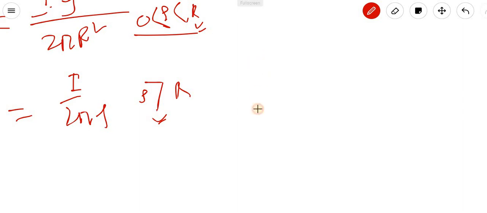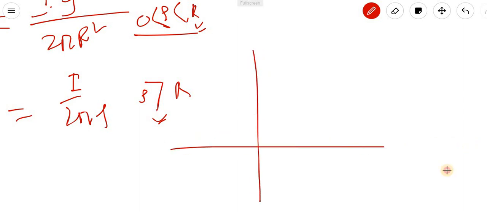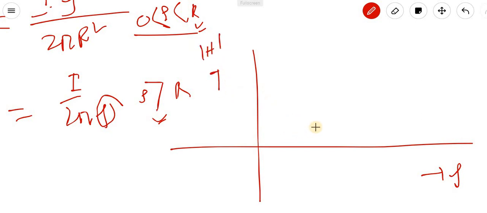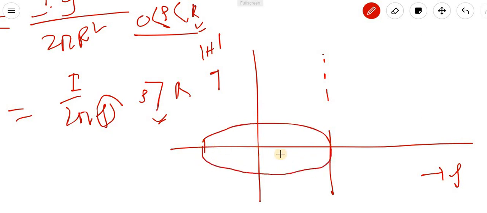Now if you represent it this way, this is the rho direction, and rho we can consider as a parameter variable. This is the H magnitude. Suppose this is the radius.